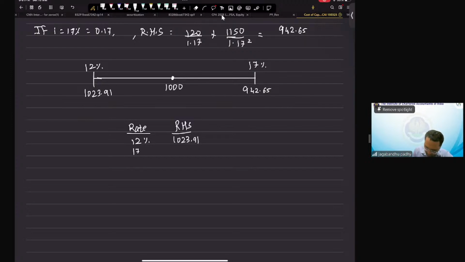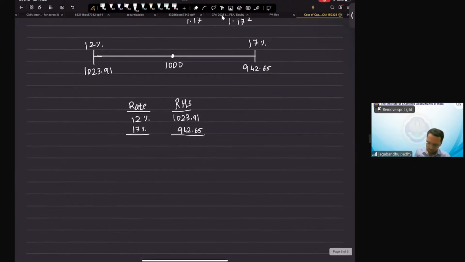And when we had the rate as 17%, this is 942.65. So the rates are 12% and 17%, and on the other side, you have RHS 1023.91 and 942.65.